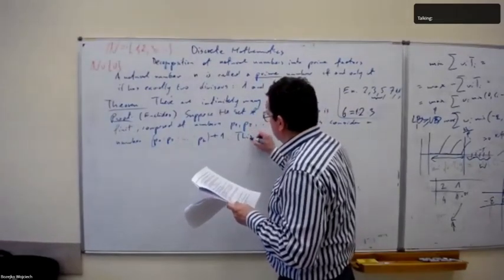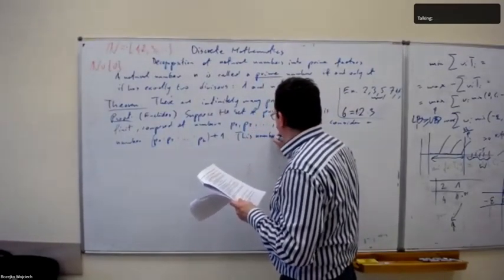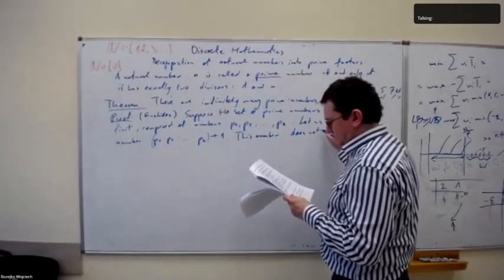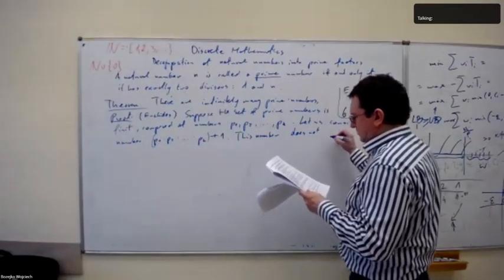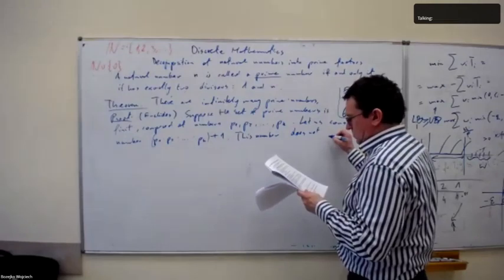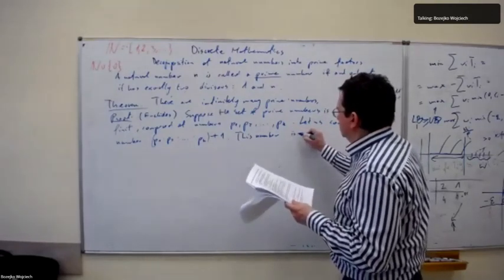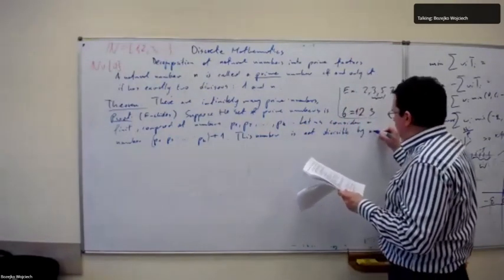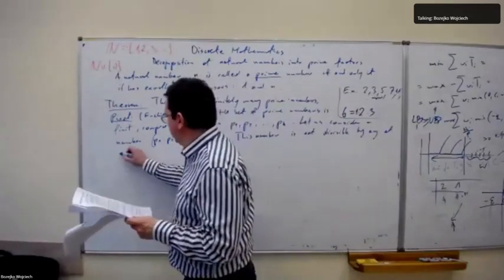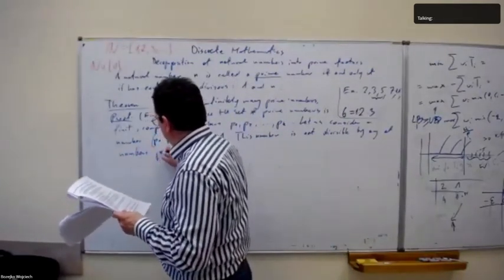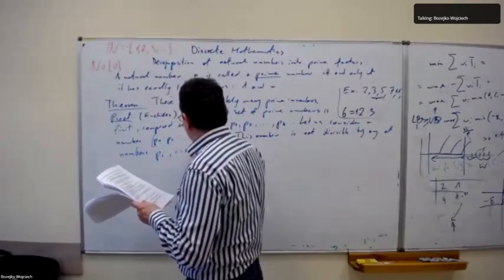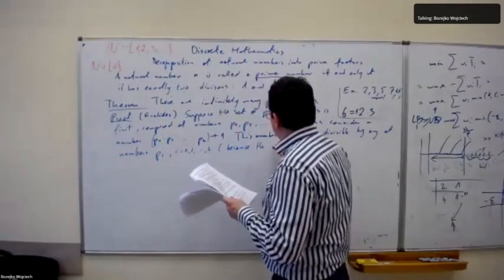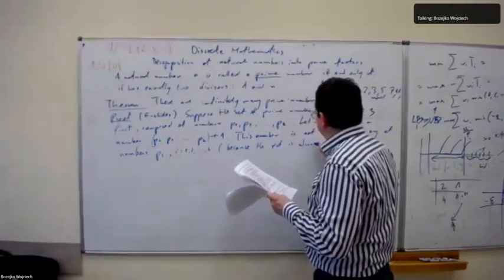This number is not divisible by any of the numbers Pi, i from 1 up to k, because the rest is always 1.